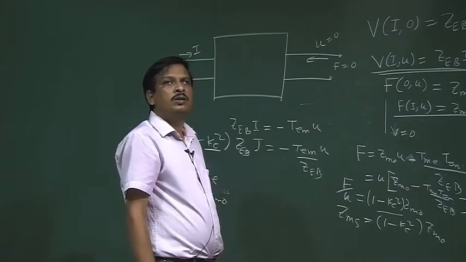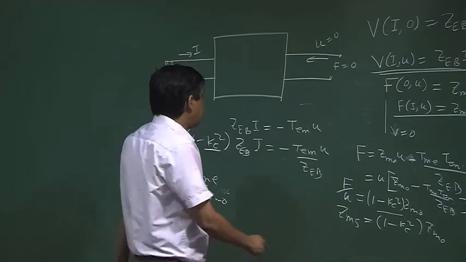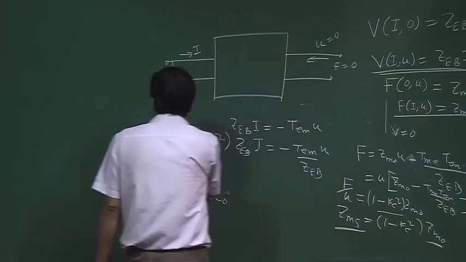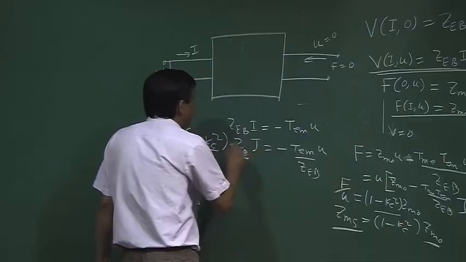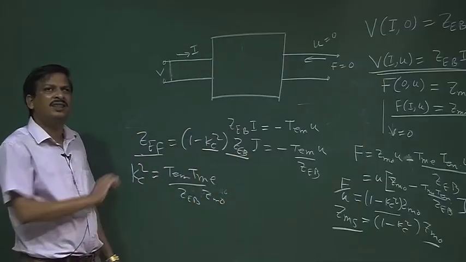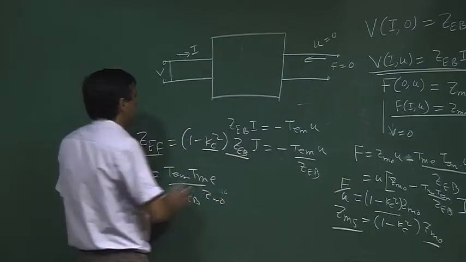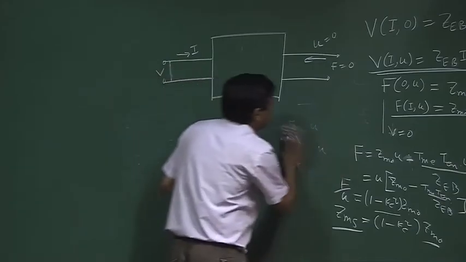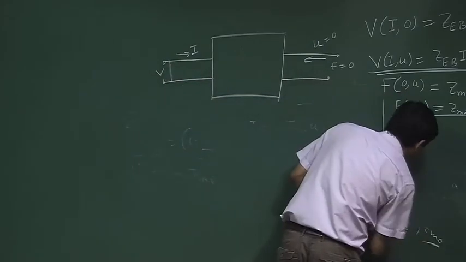Okay. So, I can write the relationship between ZMS, ZMO, ZEF into ZEB. This relation I have discussed. Now, there will be two conditions possible in this equation.